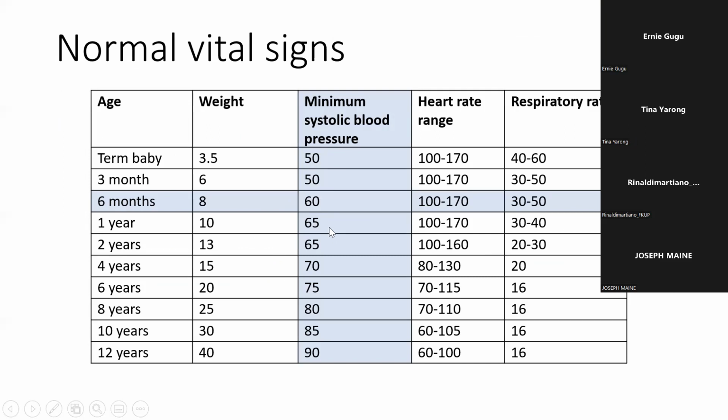And so if you're trying to achieve a slightly higher blood pressure, that's why I said the systolic blood pressure should be about 80, and that will give you a mean blood pressure of about 60, and that will therefore give you a cerebral perfusion pressure of about 40. And in a child of about 1 year of age, you should be trying to achieve a cerebral perfusion pressure of about 40 in a child with meningitis.